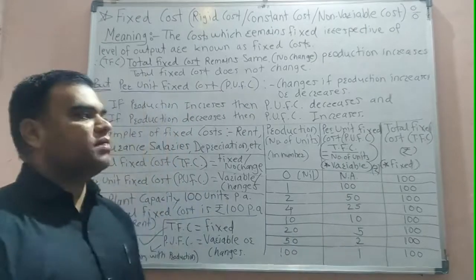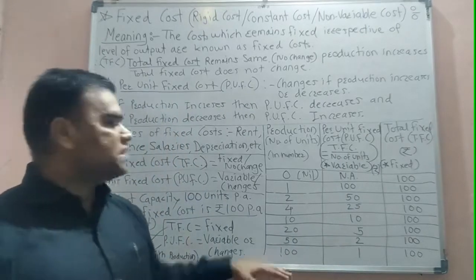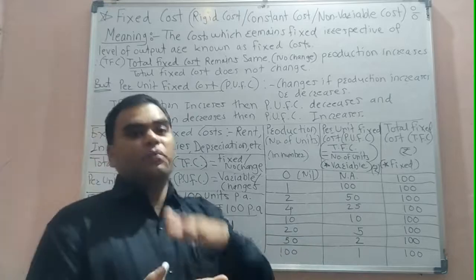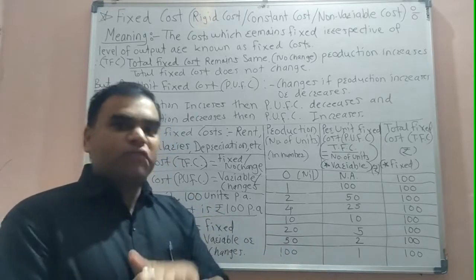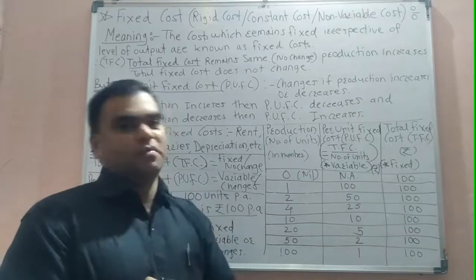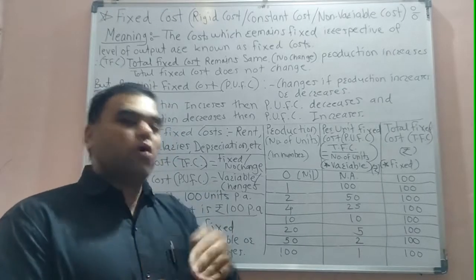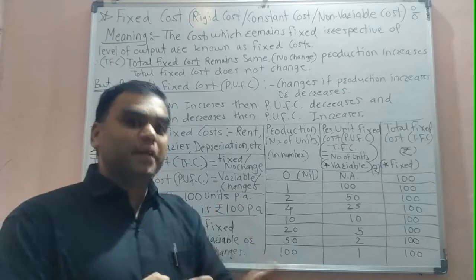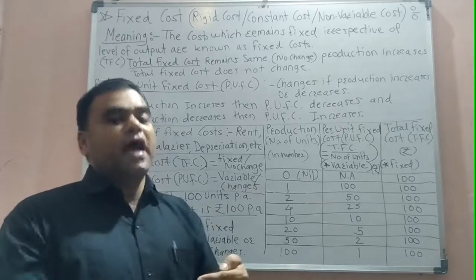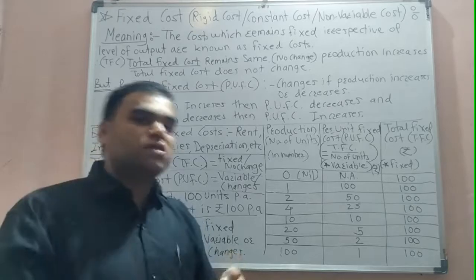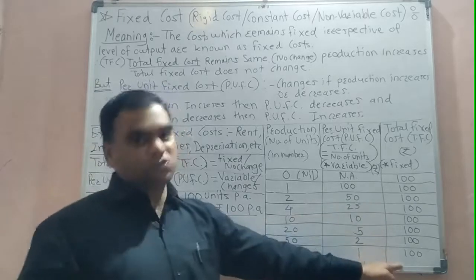Then 200 will be your total fixed cost. Means up to your capacity, your total fixed cost will remain the same. But if you cross that maximum capacity limit, then you need new infrastructure and the new infrastructural cost will get added in the total fixed cost.